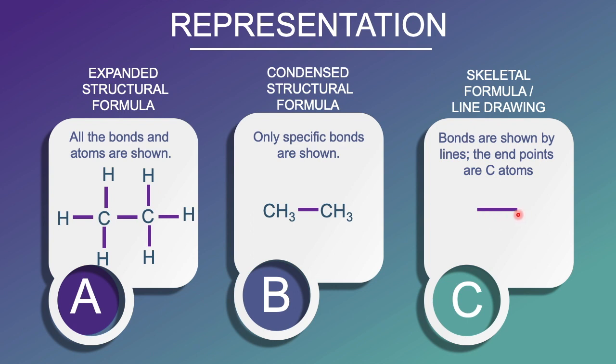So this line segment has 2 ends, and these 2 ends represent 2 carbon atoms. And the straight line in between is the bond. The hydrogens attached to the carbon atoms are not shown in skeletal formula. But if the hydrogens are attached to any other atom, we have to show them here.